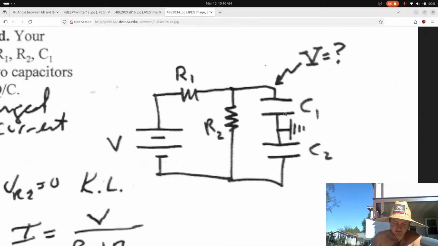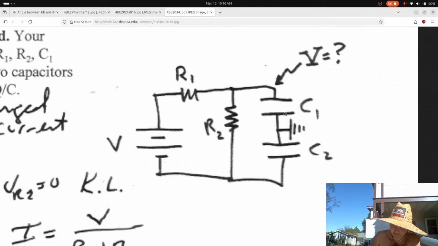So then you get C1 is equal to Q1 over V1. C2 is equal to Q2 over V2. So then Q1 is equal to C1 V1 and Q2 is equal to C2 V2. But then that means C1 V1 equals C2 V2.